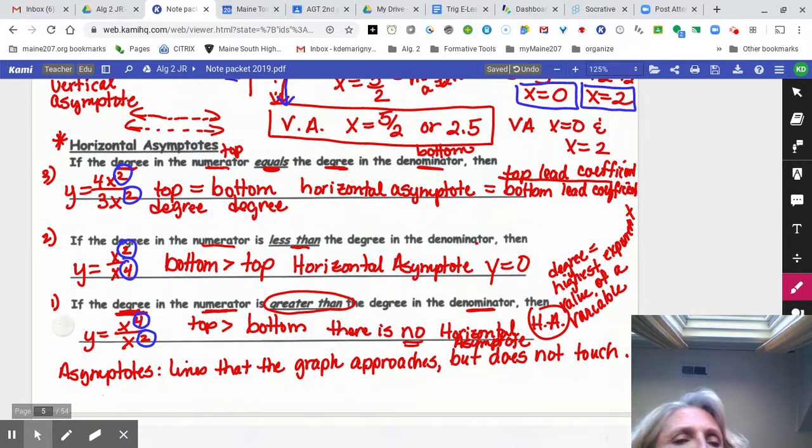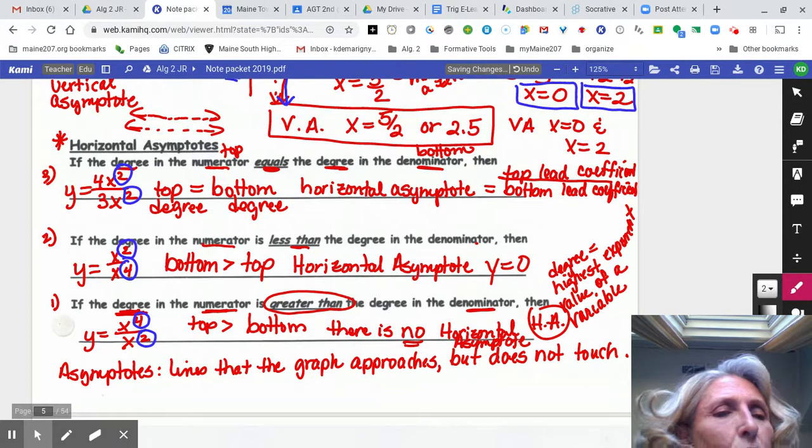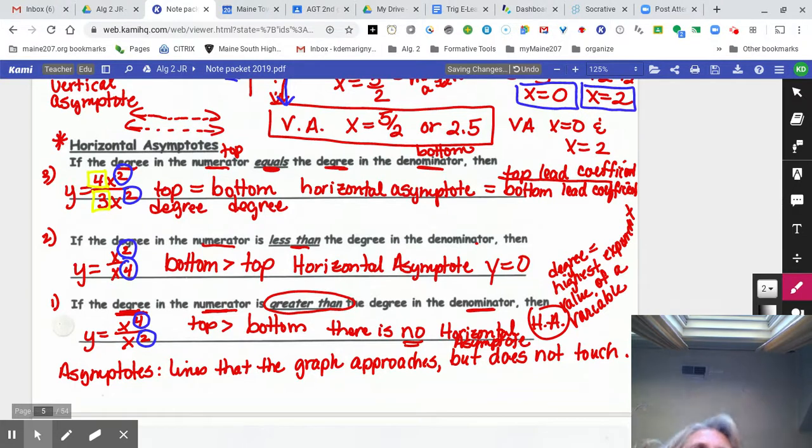What I mean by this is: do you see that your lead coefficient in the top is 4 and your lead coefficient in the bottom is 3? So if the two degrees are exactly the same, then your HA is y equals whatever the lead coefficient is in the top over whatever your lead coefficient is in the bottom.